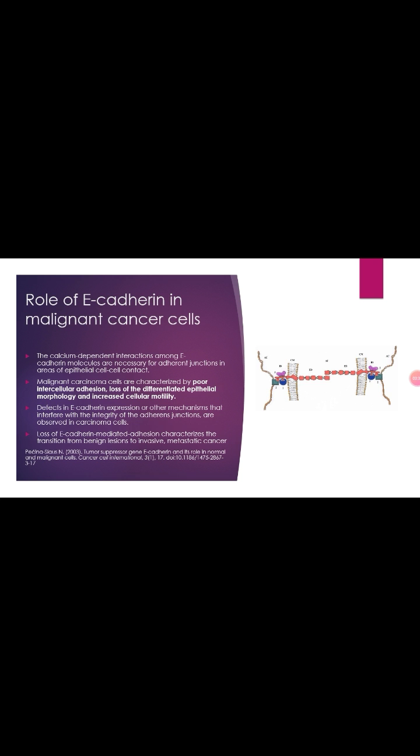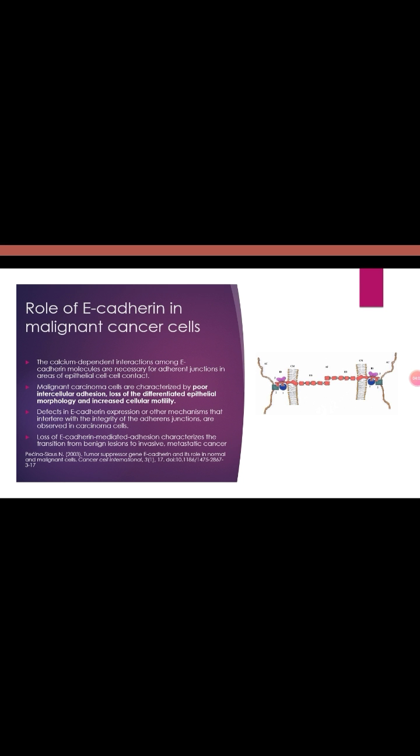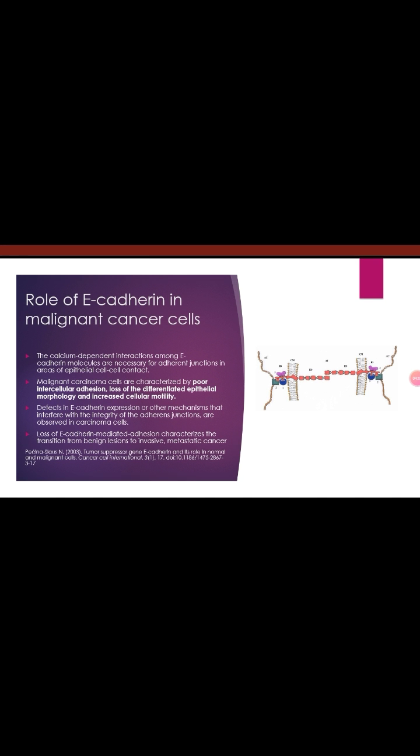Defects in E-cadherin expression interfere with the integrity of the adherens junctions, and these are observed in carcinoma cells. When there is loss of E-cadherin mediated adhesion, benign cells are transformed into metastatic cells because they can now move around freely and are not attached. Shown here is a picture of E-cadherins.